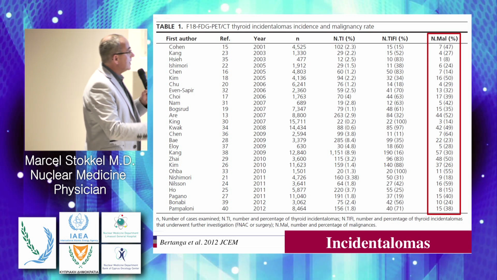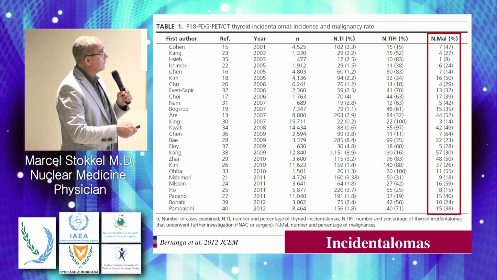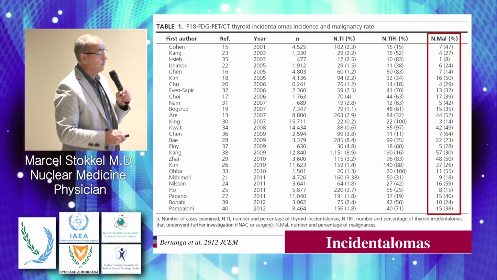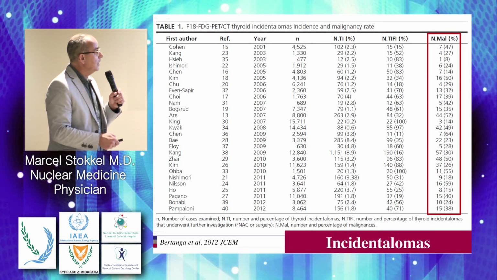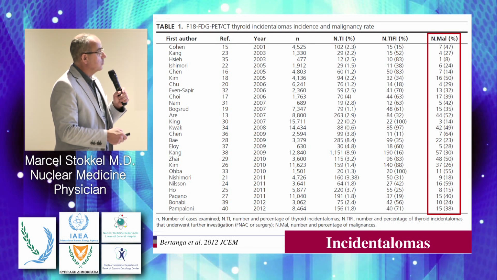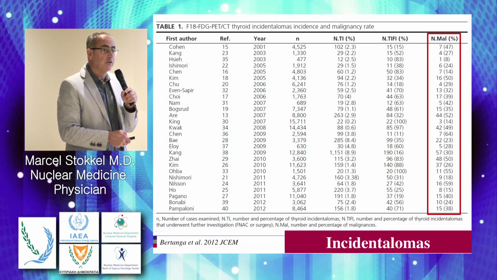When you look at the data that have been published so far, you can see from 2001 until 2012, quite a lot of papers have appeared in literature. And what was concluded from all these papers is that the number of thyroid incidentalomas is not very high, but not to be neglected.